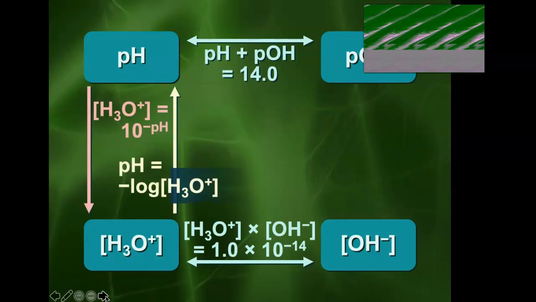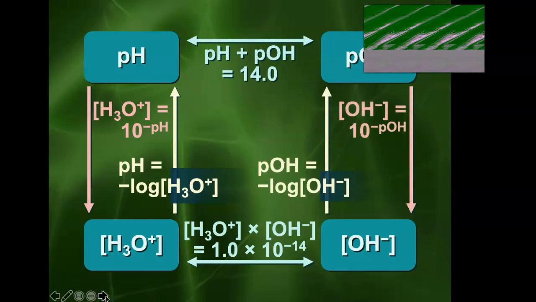To get between pH and concentration, you're using either the negative log to go to pH or 10 to the negative pH to find your concentration. Likewise, you're doing that with your OHs as well. And this is the screen that's going to help you tremendously on today's assignment.